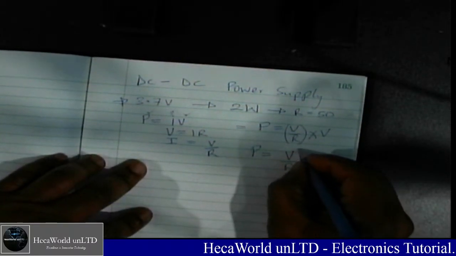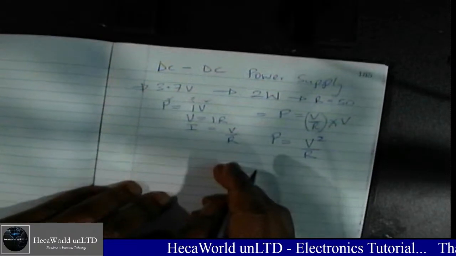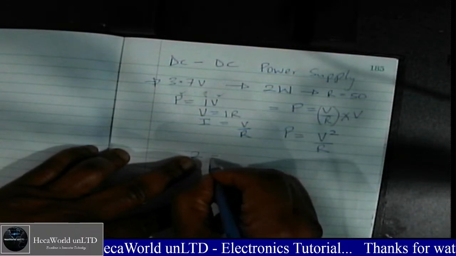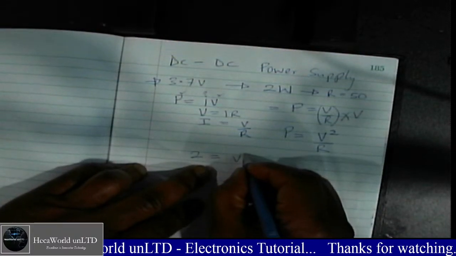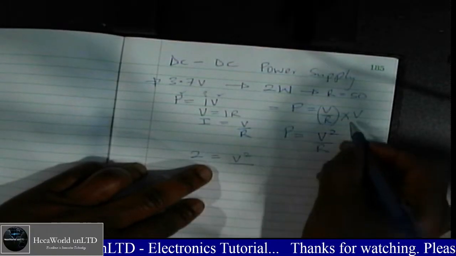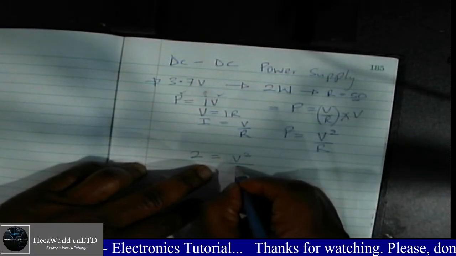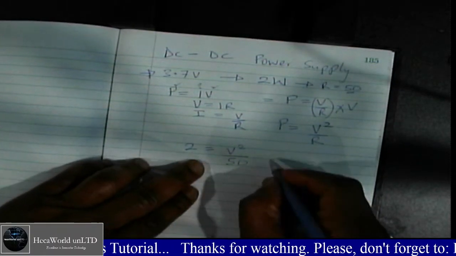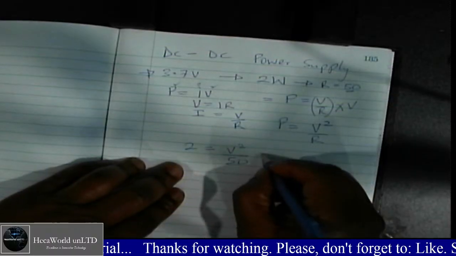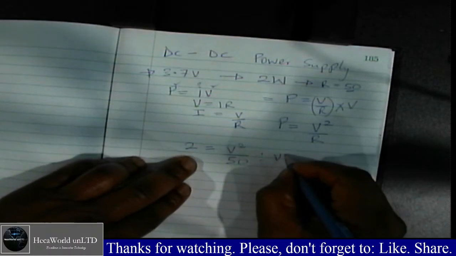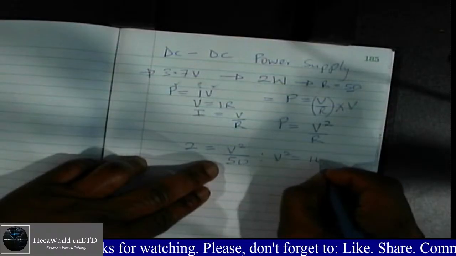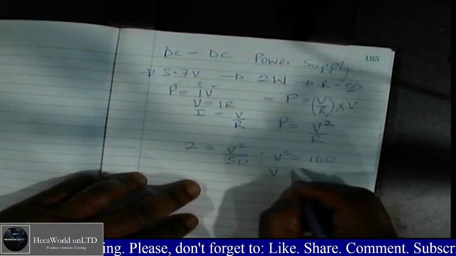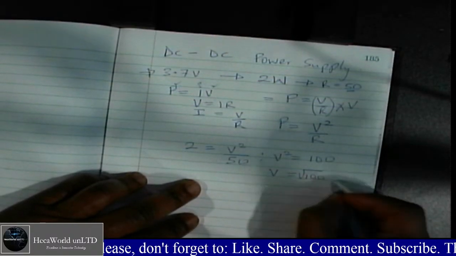And I know that my power is 2 watts. So 2 is equal to V squared over 50, R is 50. So V squared is 100, and that means that V is the square root of 100, which is 10.